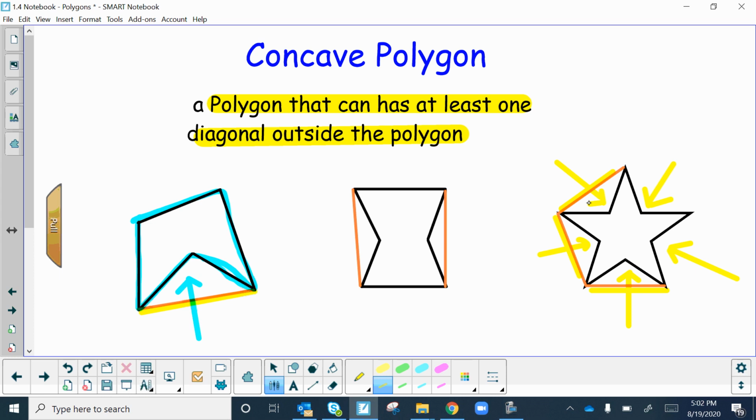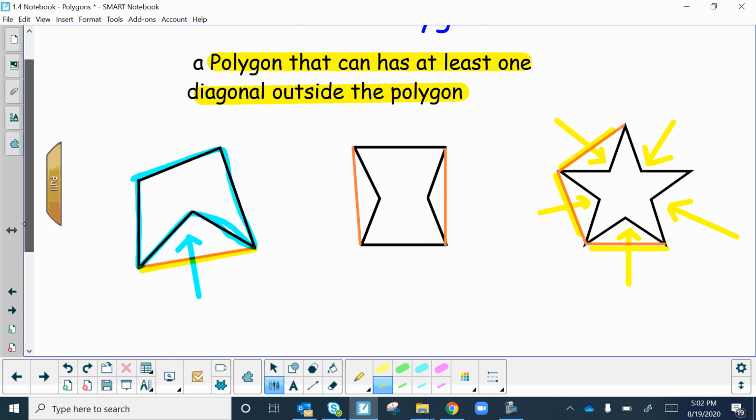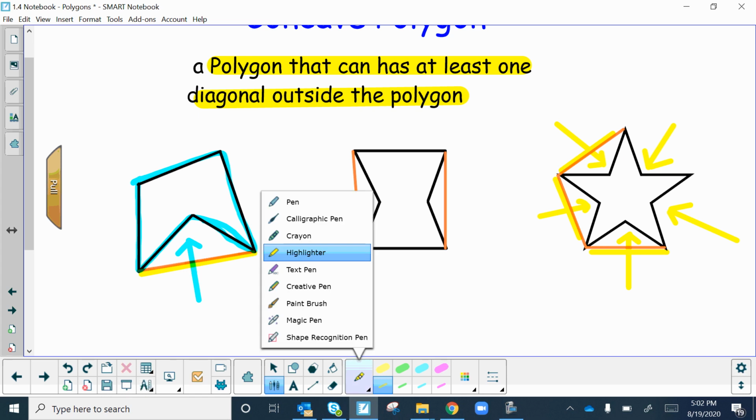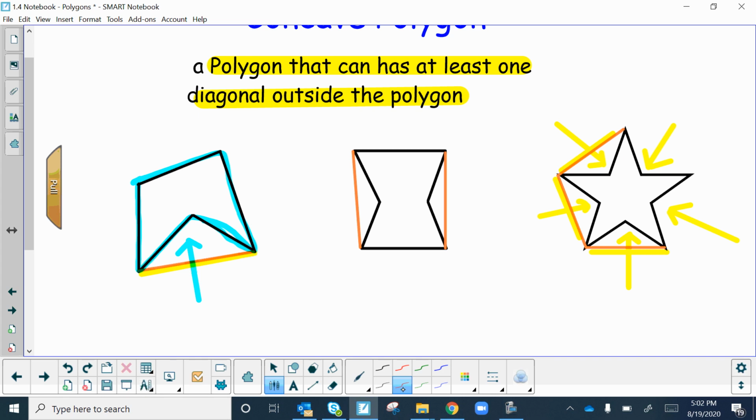Now, let me go back to drawing diagonals. Diagonals exist as long as you connect non-consecutive vertices. For instance, in this one here in the middle, you have 2 diagonals that are in the exterior. That doesn't mean this polygon only has 2 diagonals. We have another diagonal here. We have another diagonal here.